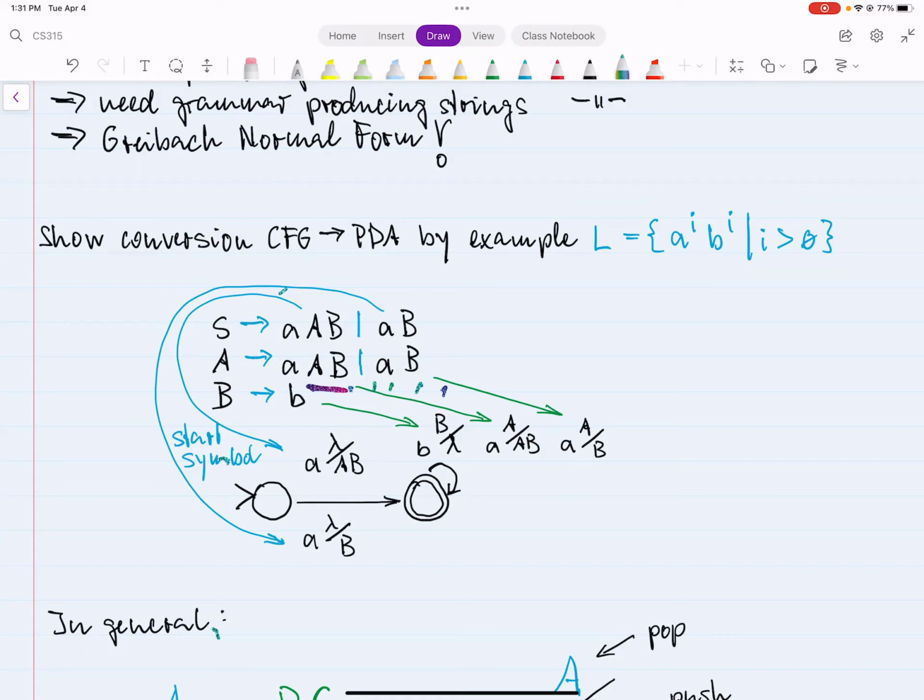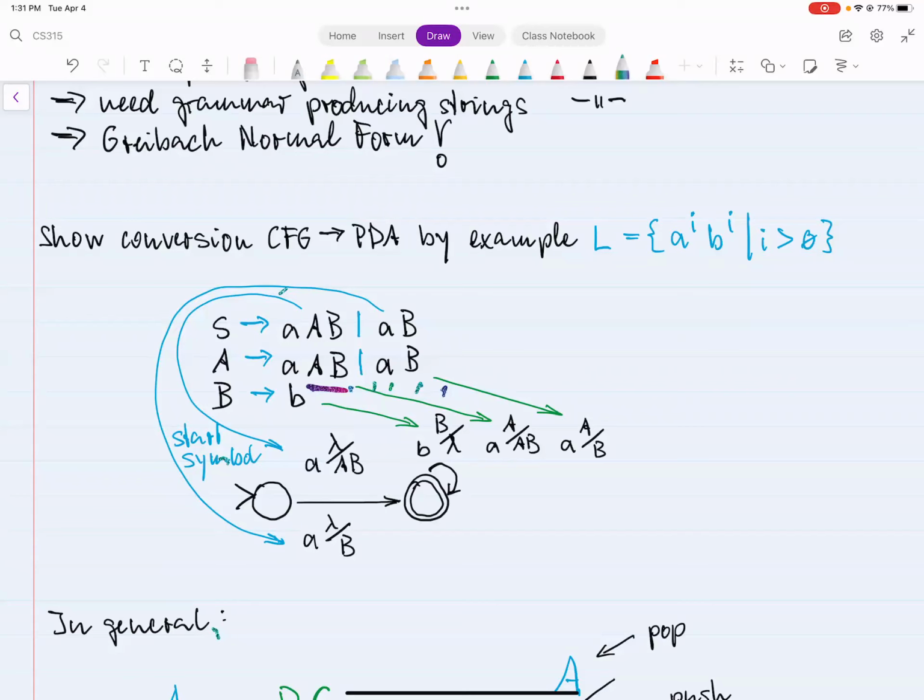So on the grammar side, that means if we have resolved all of the variables until we only have terminals, okay? Here on the machine side, we have eaten away all of the symbols on the stack and have eaten away all of the input symbols. So it's confusing, but after all, this is not ambiguous.